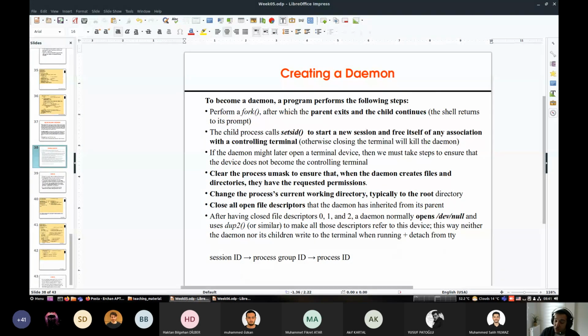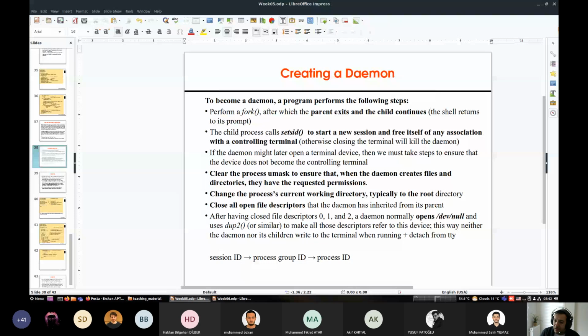So even if users log in and log out, etc., that process in the background still continues to execute. So it needs to be very careful about memory management, and it must be protected against accidental terminations. It must be protected against accidentally being sent a control C, a control Z, a SIGTERM, SIGINT, and so on signals. And that is why we take certain precautions when starting these daemons.